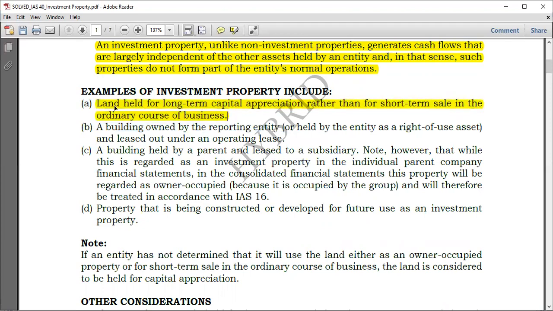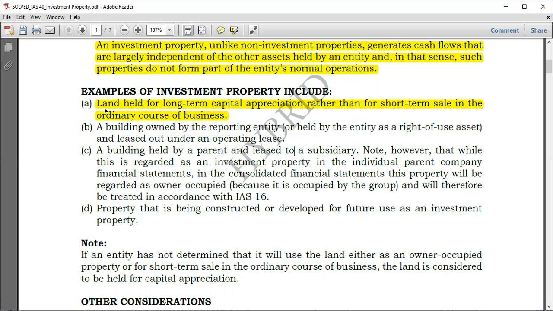All right. Another example, we could say a building owned by the reporting entity. Simply speaking, a building held, either owned, as I told you, or held as a right-of-use asset and leased out under an operating lease. You have a building, you are holding a building, but you have leased it out to someone else under an operating lease.